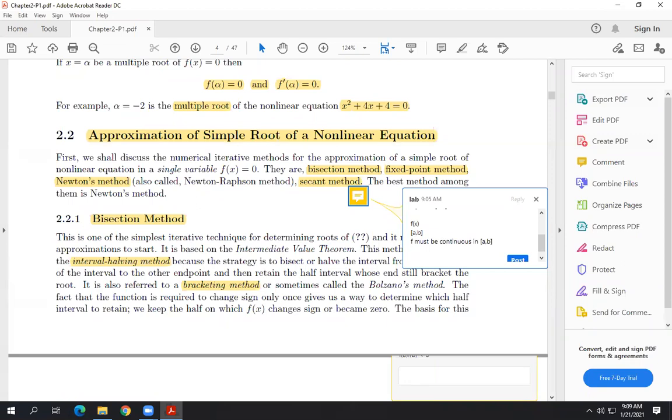And what is the second condition? The value of the function at the end points of the interval must be of opposite sign, one negative, one positive. Then it is 100% guaranteed to find the approximation of this. When we have this guarantee, what is the next job?